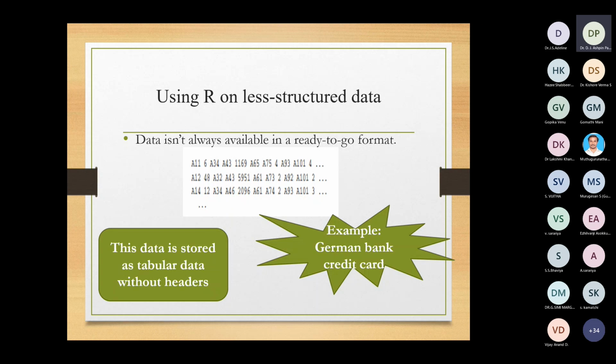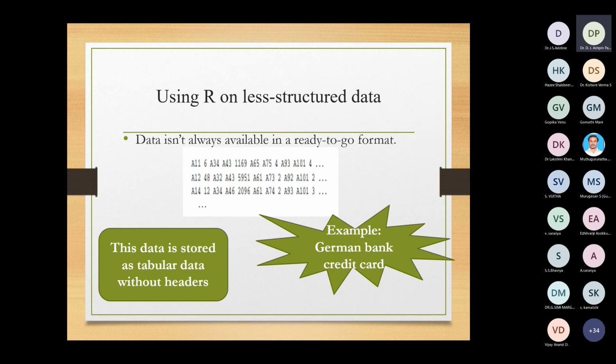We know that data isn't always available in a ready-to-go format. So instead of reformatting the data, you can transform the data into something meaningful using R. You see this data, there is no header in it. This is the German bank credit card data. Whatever data set I am explaining here is available in the UCI machine learning repository.